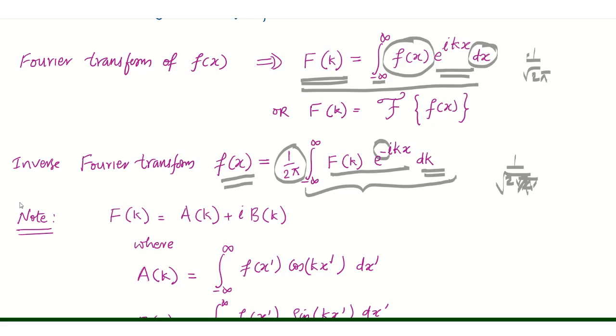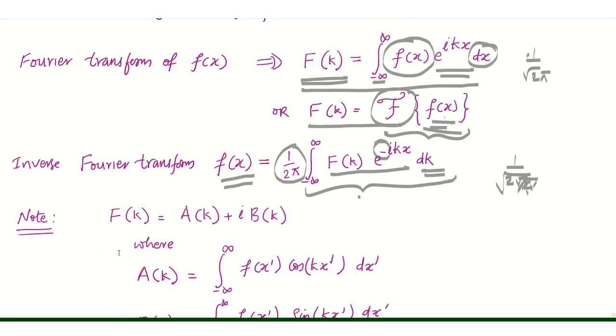And symbolically, you can represent F(k) as curly F of f(x). If you see this, it most probably means the Fourier transform of the function f(x).